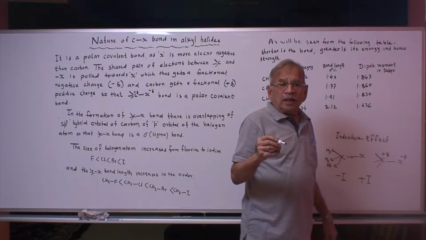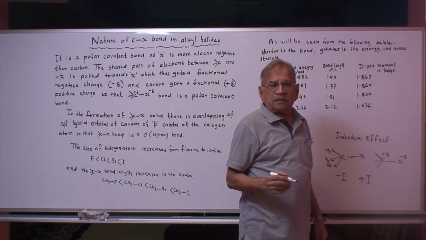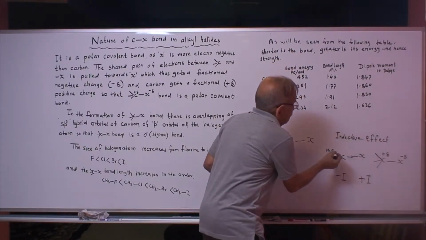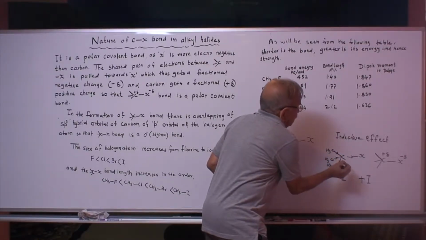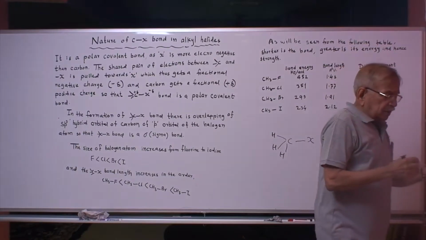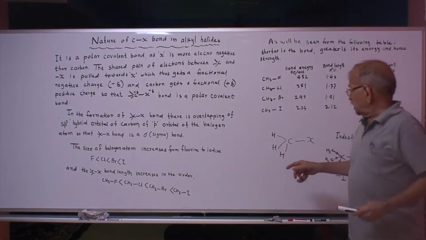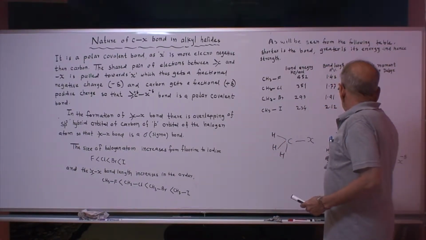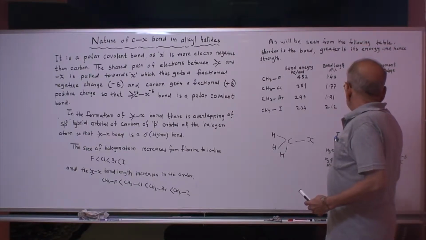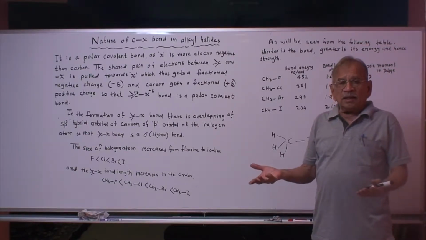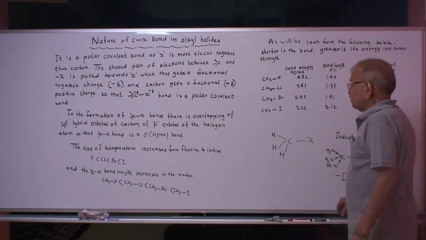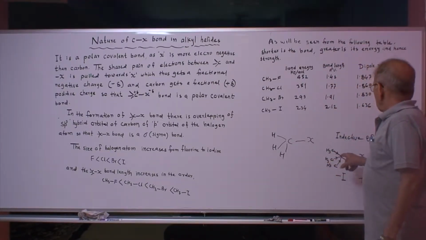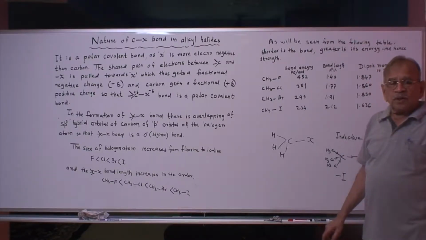They have an electron releasing effect, so that the shared pair of electrons between the carbon of the three methyl groups and this carbon unnecessarily increases the negative charge of the carbon.